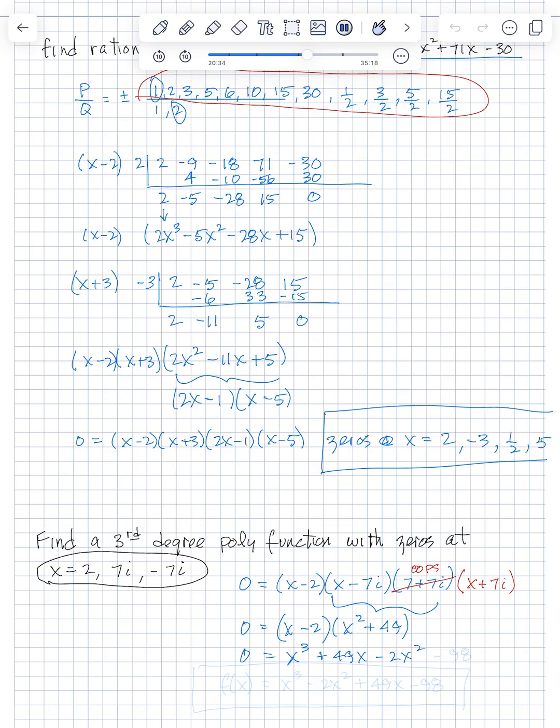And last, minus 2 times 49 is minus 98. And now we just want to put it in descending order. So we can say f of x is equal to x cubed minus 2x squared plus 49x minus 98. And that is your answer.